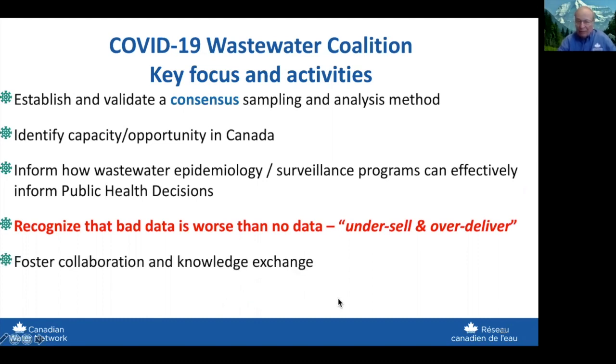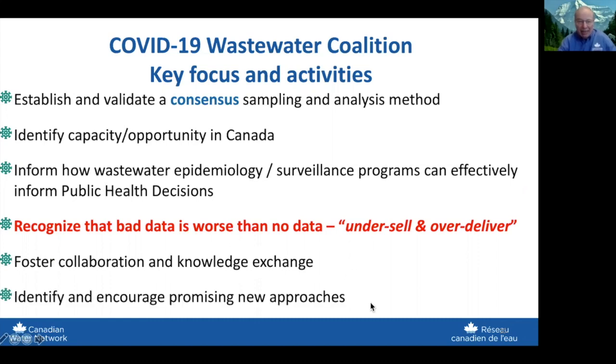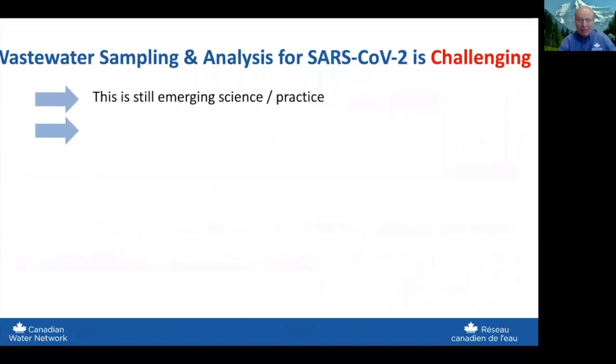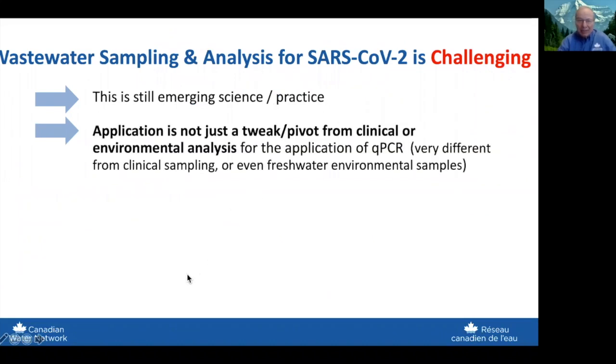Ultimately, we're seeking to foster collaboration and exchange knowledge, and we want to be able to identify and encourage promising new approaches rather than just repeating existing activities. So there's still a lot of emerging science and practice here.